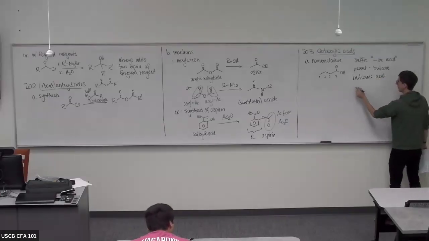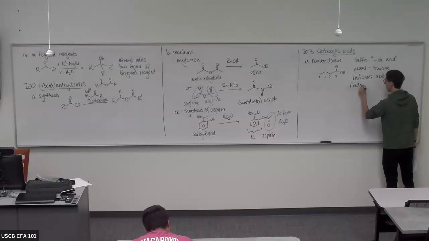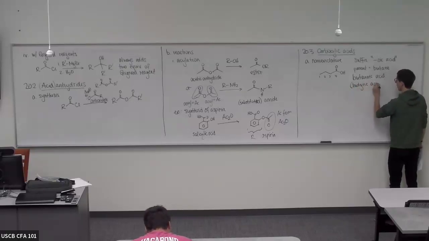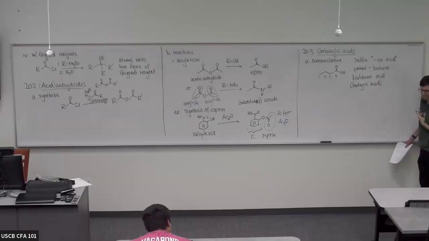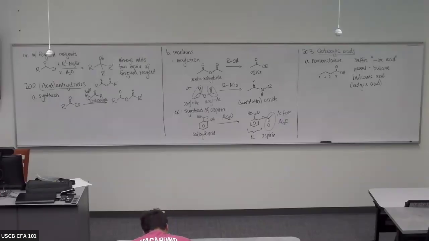This one has a common name, butyric acid. Kind of sounds the same. Don't remember exactly where it comes from. This one's particularly stinky. This is the smell of vomit.